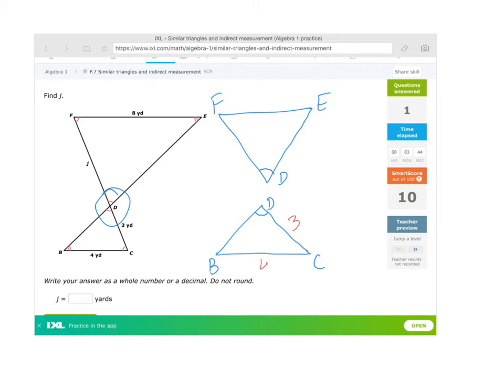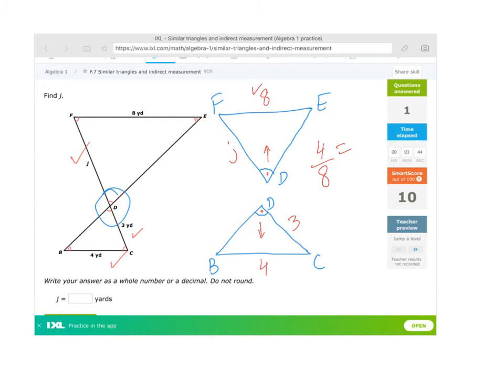This is 3, this is 4. I'm getting these values from here. And this is J and 8. What is opposite this angle in this diagram? 4. What is opposite this angle in this diagram? 8. So those two values become your corresponding sides.